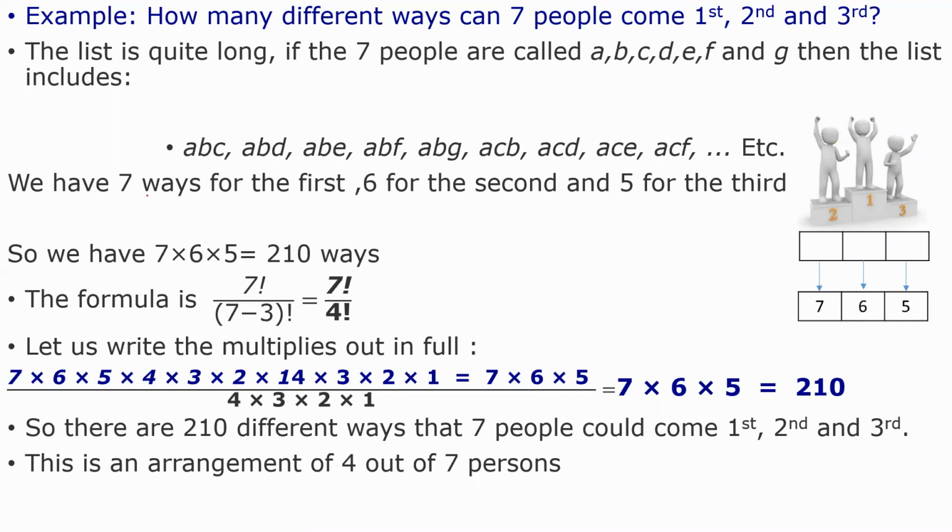So we have 7 ways for the first to enter, 6 ways for the second to enter, and 5 ways for the third one. So in total, we have 7 times 6 times 5, which is equal to 210 ways.